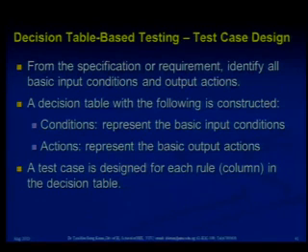So based on the specification, based on the requirement, we identify all the basic input conditions and output actions. Output action means the way the program computes, the way the program is supposed to decide.